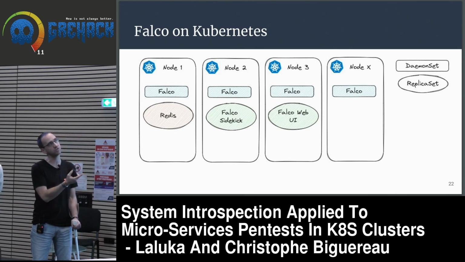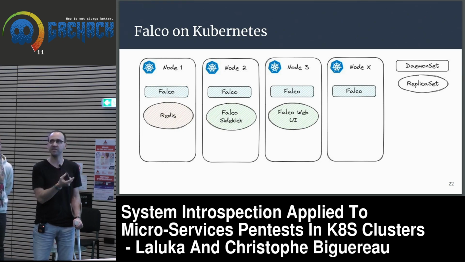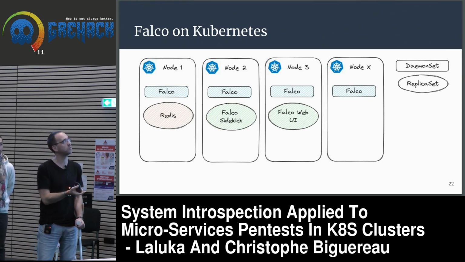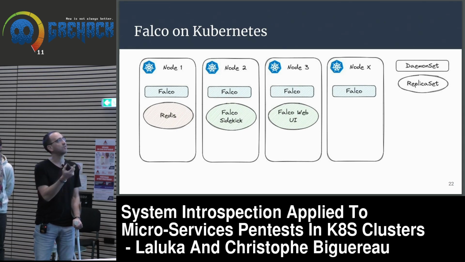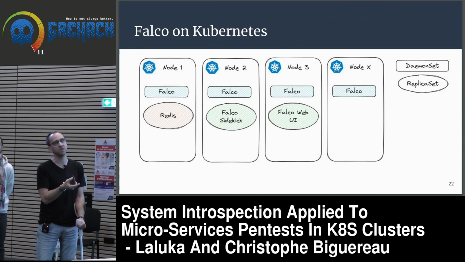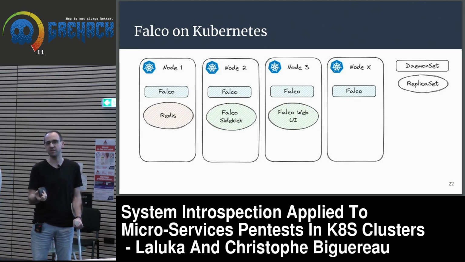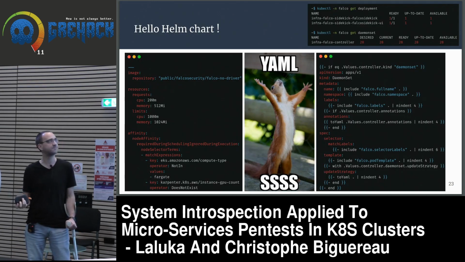So we will use a DaemonSet. It's a Kubernetes resource that will handle the deployment on each node. For the Falco Sidekick and the WebUI, we just deploy them as a ReplicaSet, another resource on Kubernetes. This resource will just ensure that the service is deployed to several pods, so that the service is reliable.